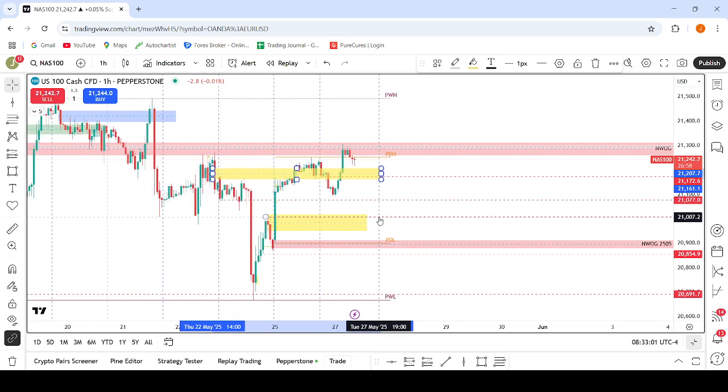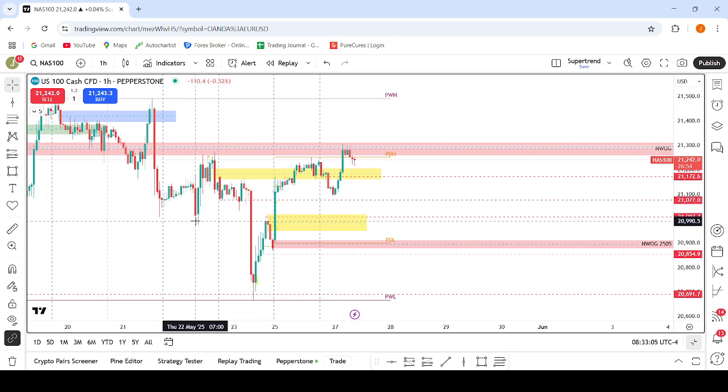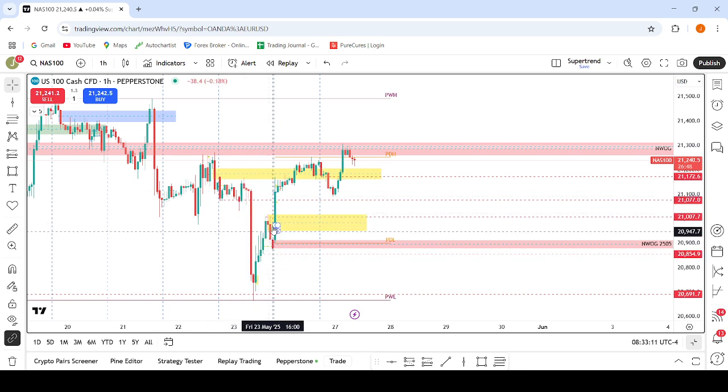The reason why I say that is because whilst we've got this move here, we took out this low here, high, low, higher high, and this is our breaker here. We've actually now seen the same in the opposite direction. So we've taken out this high, we've got a low inside this busy, inside this gap.